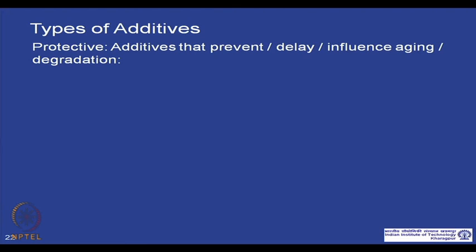So, we can classify the additives in several ways, for example, as protective additives, which are the additives which prevent or delay or influence the aging process or degradation process of the polymers.